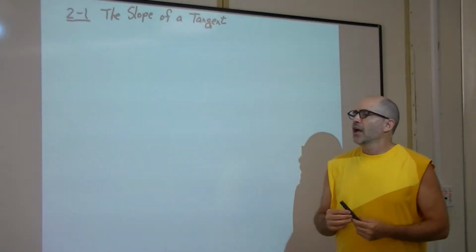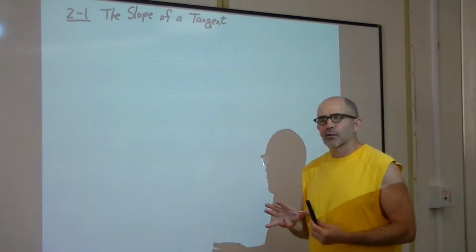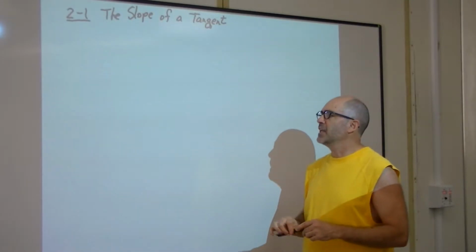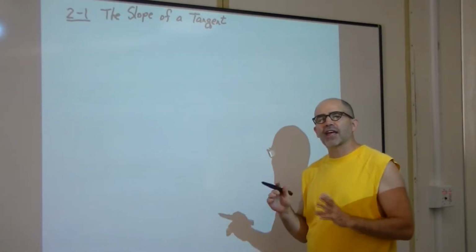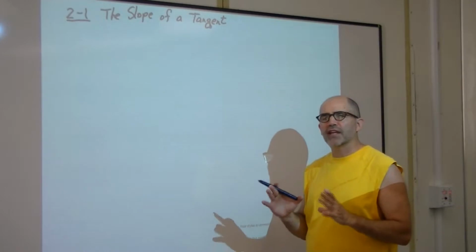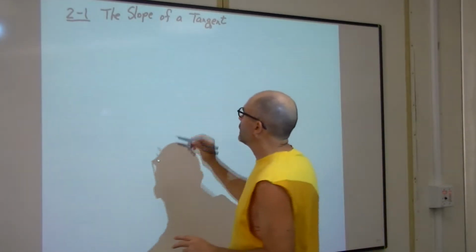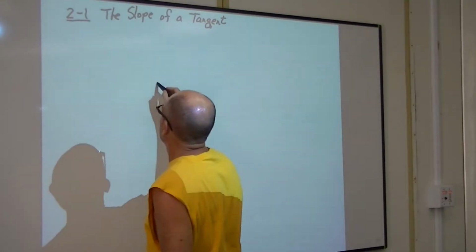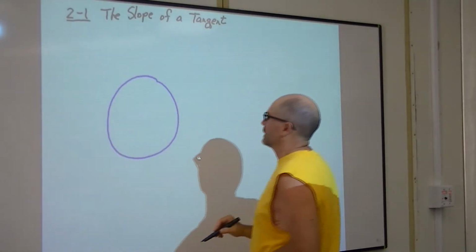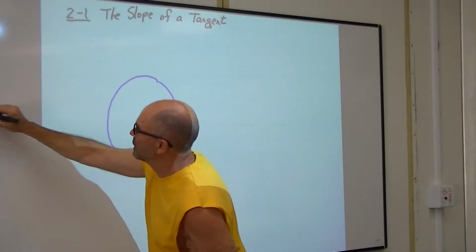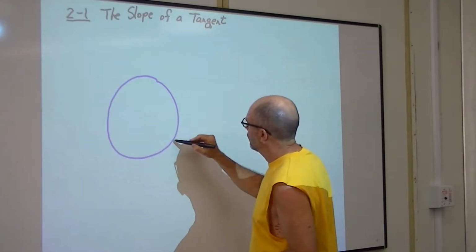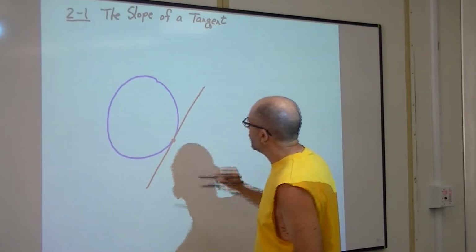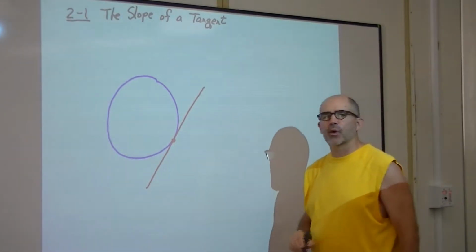Now, a tangent, we're not talking tangent as in trig class, we're talking about tangent as in a line that intersects a curve at exactly one point. So, if I have a circle, a tangent to the circle would be a line that intersects that circle at exactly one point.